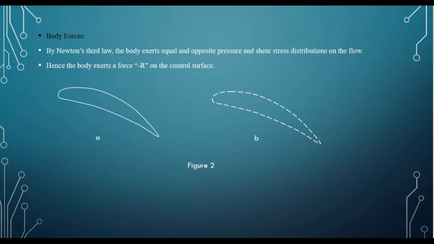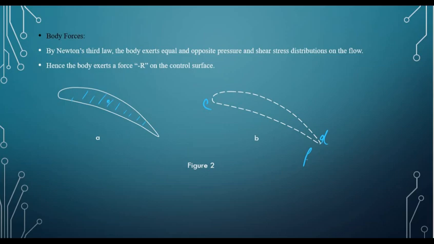By Newton's law, we know that this body is exerting equal and opposite pressure and shear stress distributions on the flow. So based on that, what will be the force on the control surface? This is our D, E and F, and this is our body.